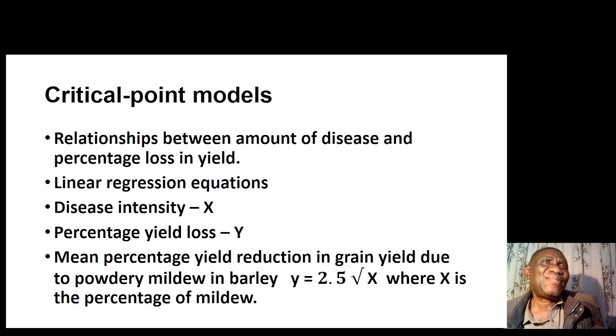And sometimes we get a relationship. For example, like the one for powdery mildew, which was y equals 2.5 square root x, where x is the percentage of mildew. So this was actually done by others. The relationship may differ depending on the disease.